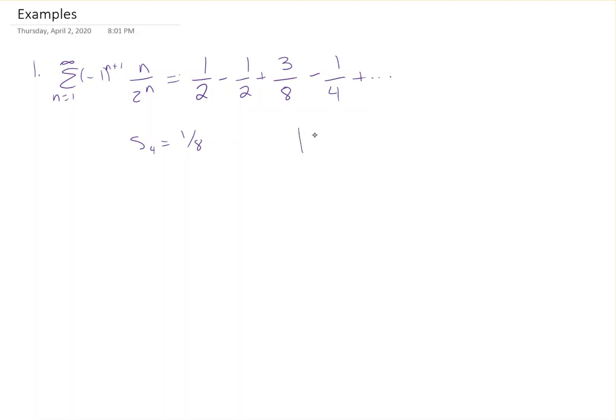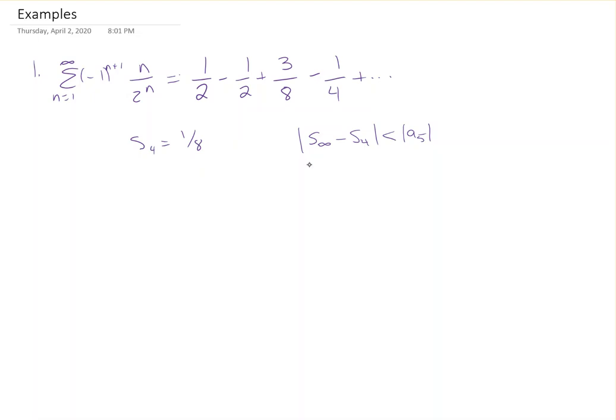But I can tell you that the maximum distance, the maximum magnitude that I'm off is the magnitude of the next term. So I can tell you, hey, 1/8 is not the right sum. It's some different number, but it's somewhat close. And how far is it?